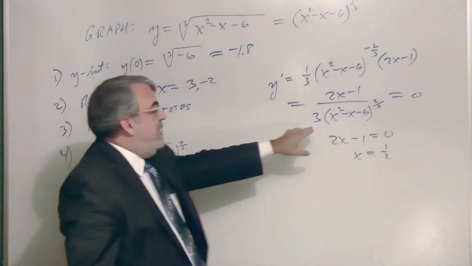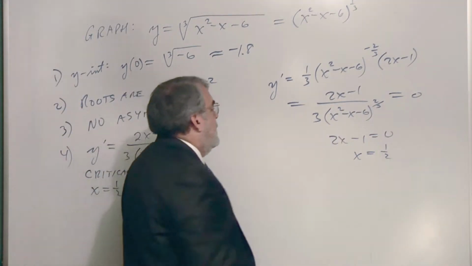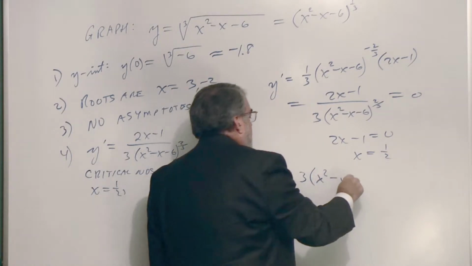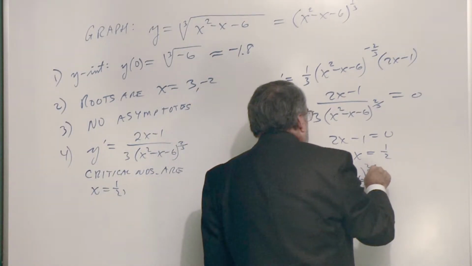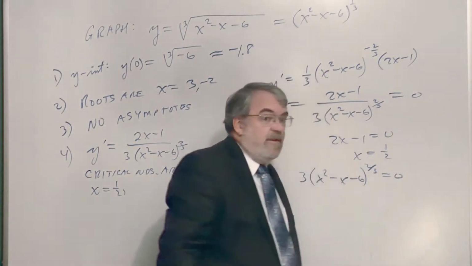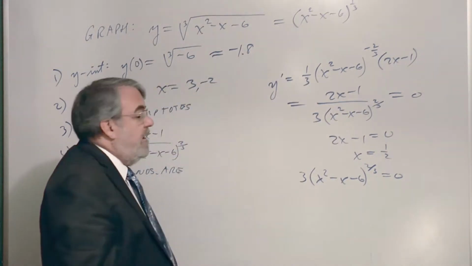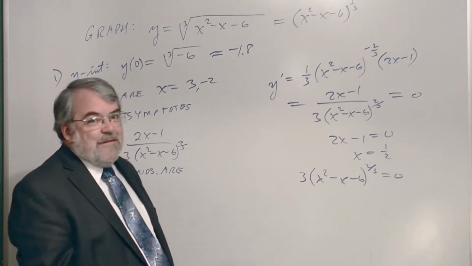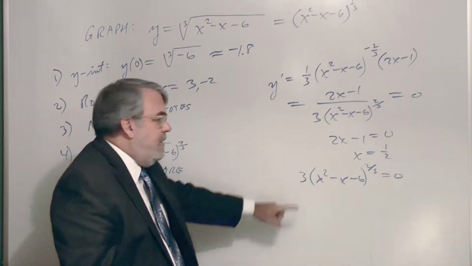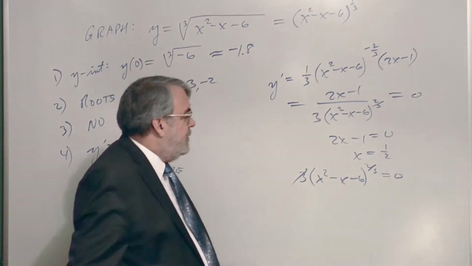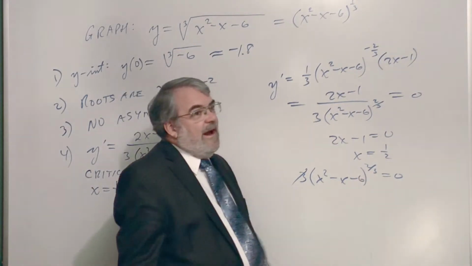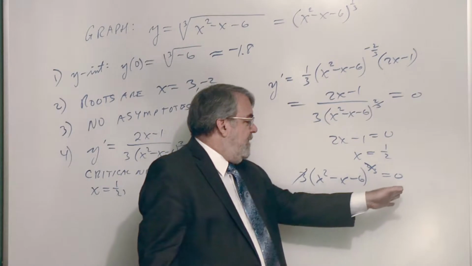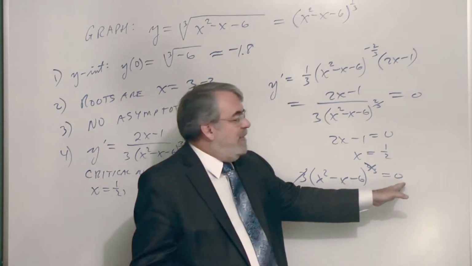And now we have to think about the denominator. When the denominator equals 0, then we will have division by 0. And we've already solved for that, haven't we? If I divide by 3, the 3's cancel. If I raise to the 3/2 power, that cancels, because dividing 0 by 3 gives you 0.